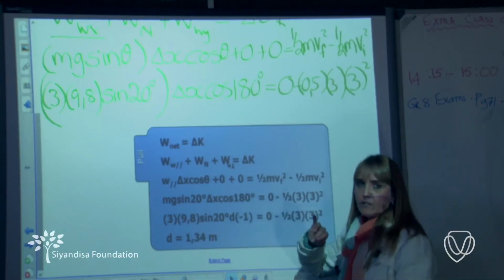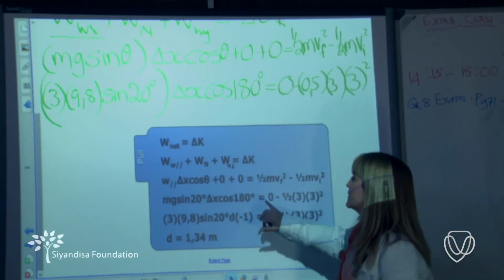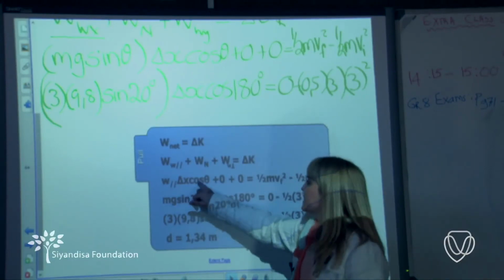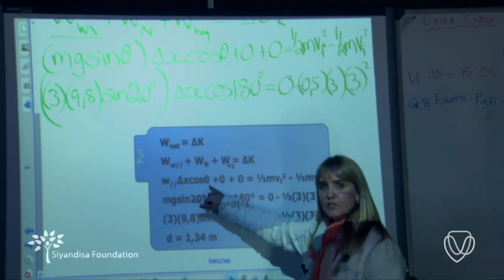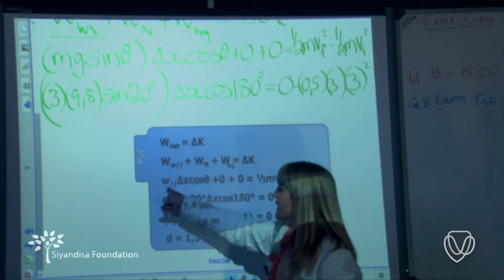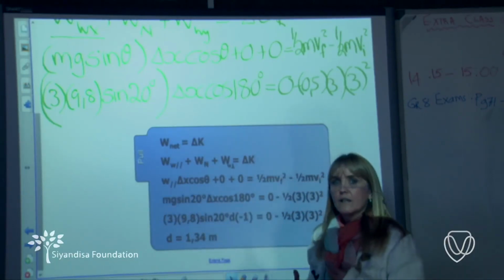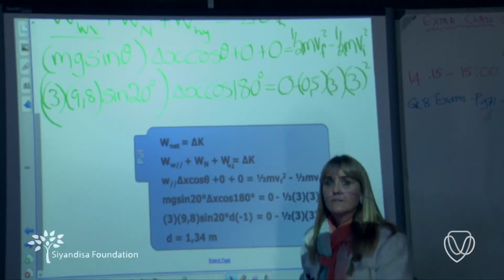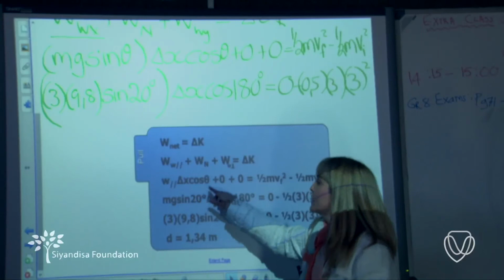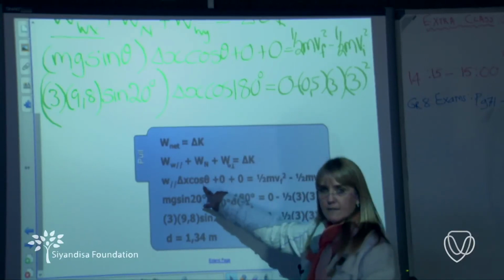And ladies and gentlemen, please make sure that at this point you write cos theta, that you haven't immediately written cos of 180, because that is the actual expression or formula for work done. W is equal to F delta x cos theta. So do not substitute the 180 at this stage.